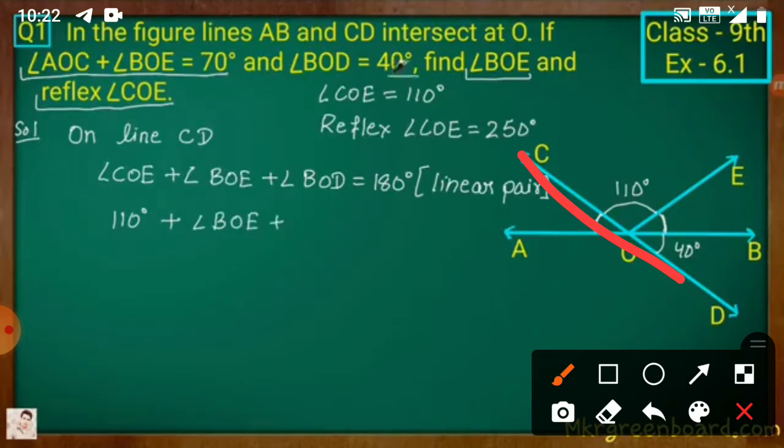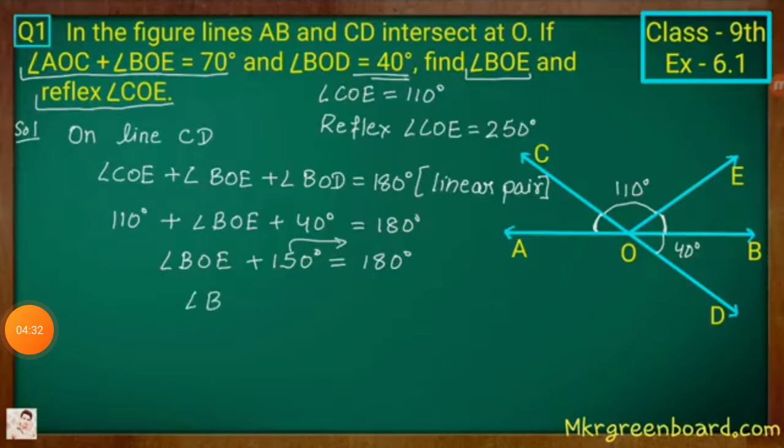We have to write like this: angle BOE plus angle BOD, 40 degrees, equals 180 degrees. 110 plus 40 is 150. Angle BOE plus 150 equals 180, and plus 150 going to the other side means minus 150.